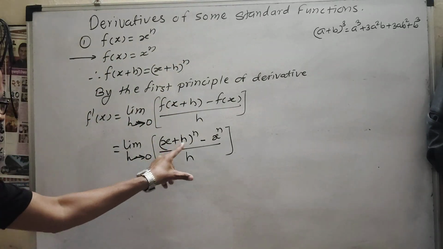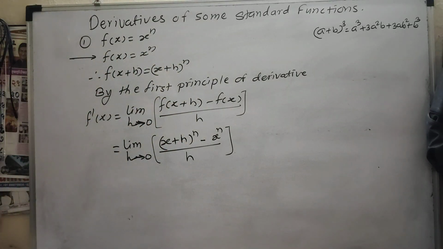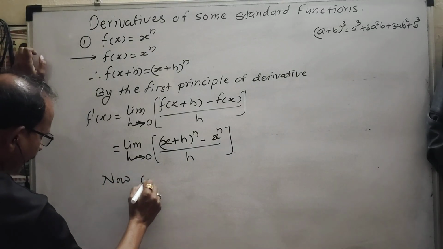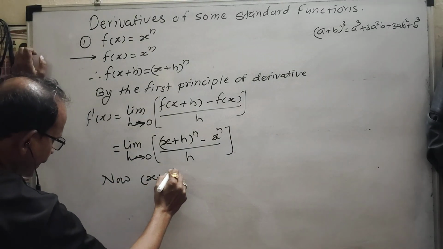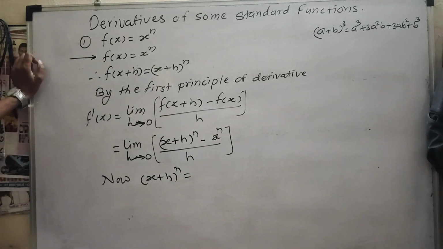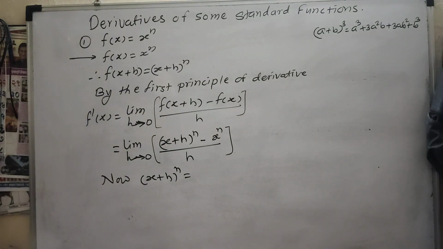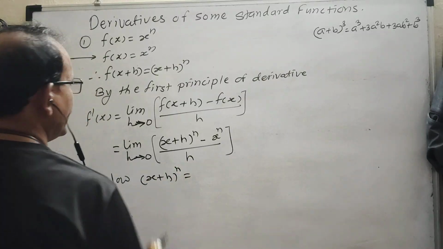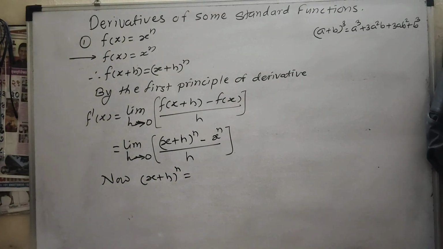Like this, x plus h bracket raised to n. This is the expansion. n is not any one number like 4, 5.